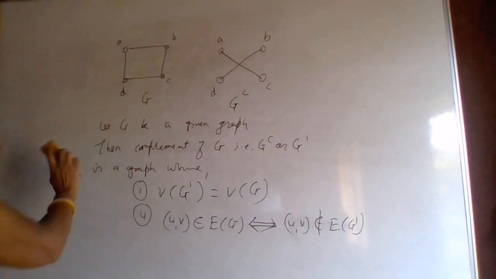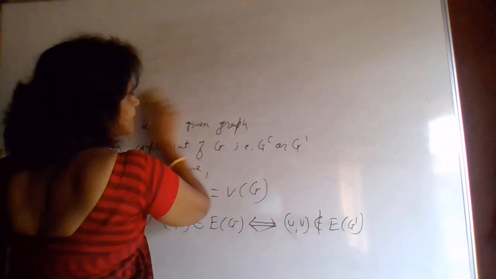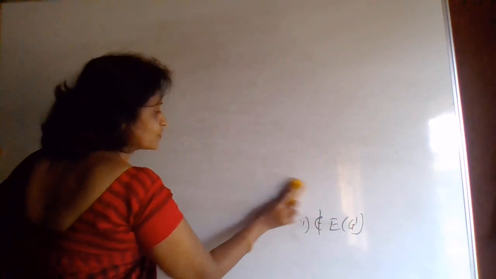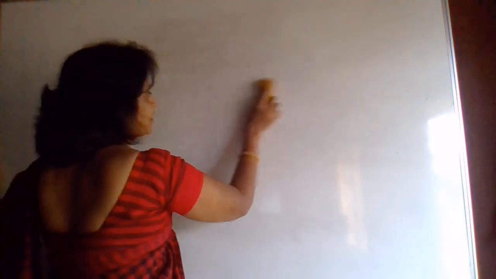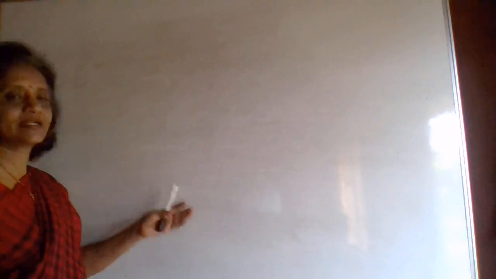The result says if two graphs are isomorphic, then their complements are also isomorphic, and even the converse is true. So I will state a theorem and let's prove it.